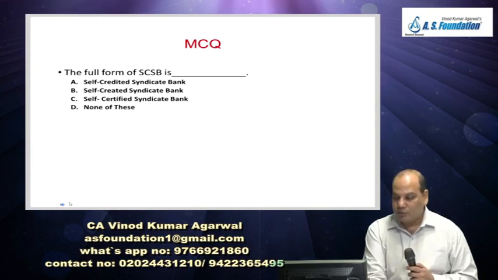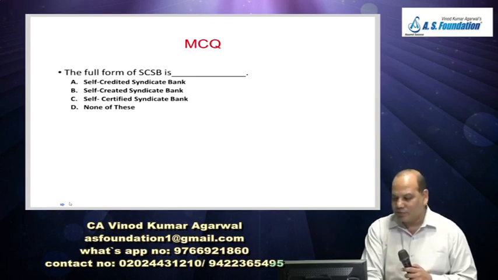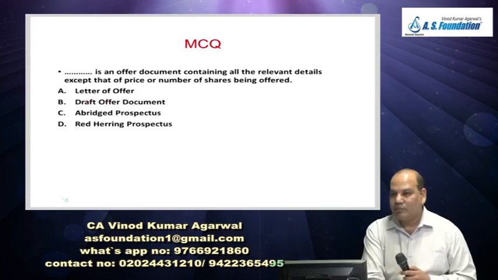The full form of SCSB is self-credited syndicate bank, self-created syndicate bank, self-certified syndicate bank, none of these. Self-certified syndicate bank. This question is there in one of the model test papers on the ICSI website.